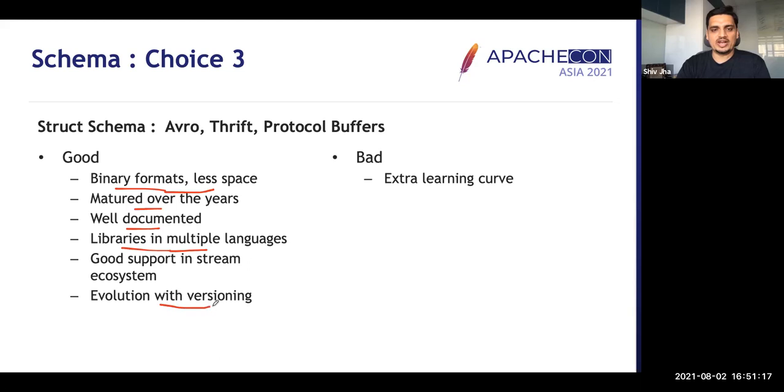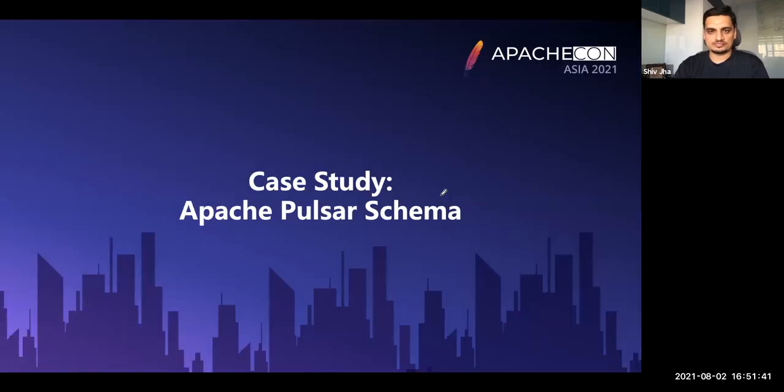And the versioning and upgrade path are already defined. One issue that we have had is that there is a little bit of a learning curve with this method. But in our opinion, in the use cases where we have used these, we found that this learning curve is absolutely worth it.